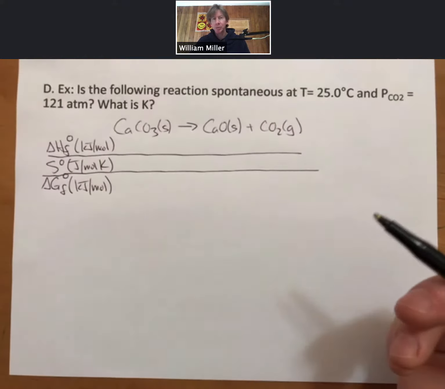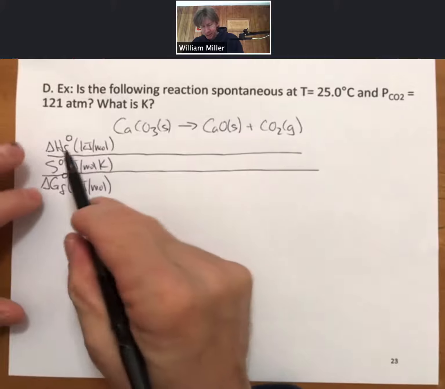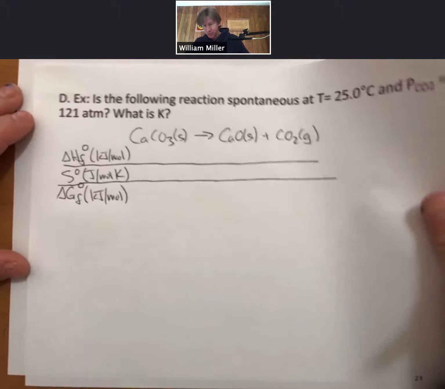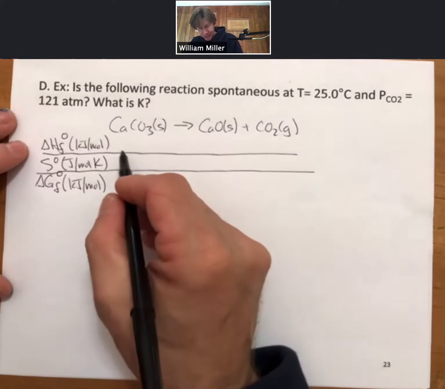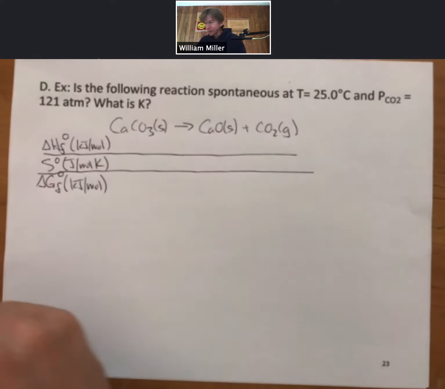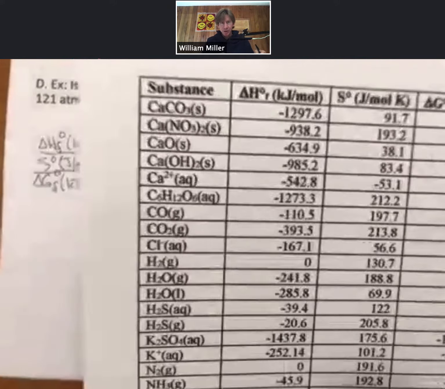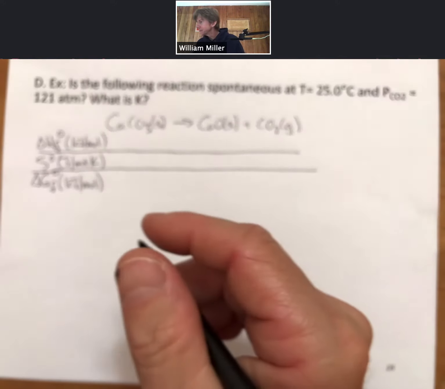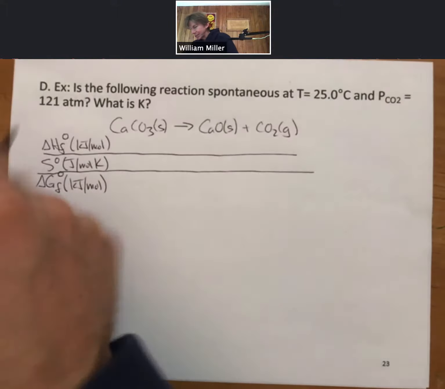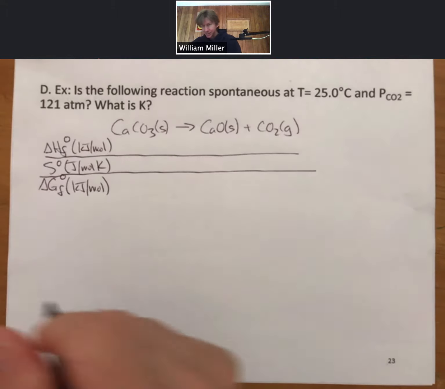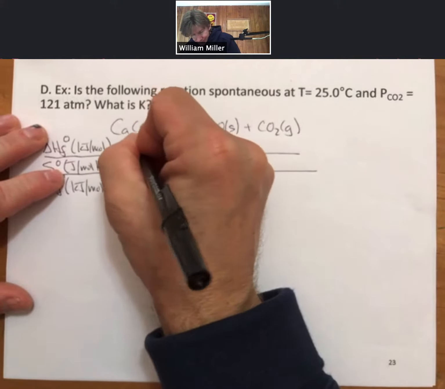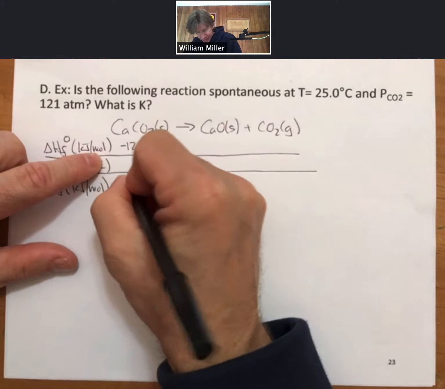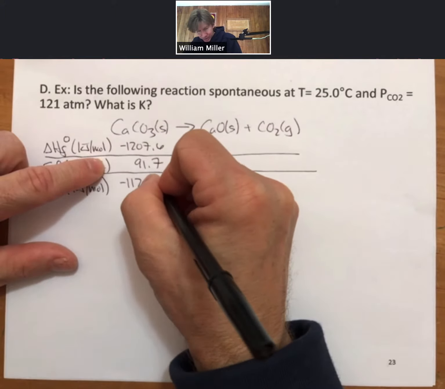And then we'll run through the whole process because we've got everything we need right now. Delta HF, oh, we're at 25 degrees Celsius. We'll do another temperature in a minute. These are all on our conversion and equation sheets. So if you look for those, right at the top is calcium carbonate solid, minus 1207.6, 91.7, minus 1129.1.